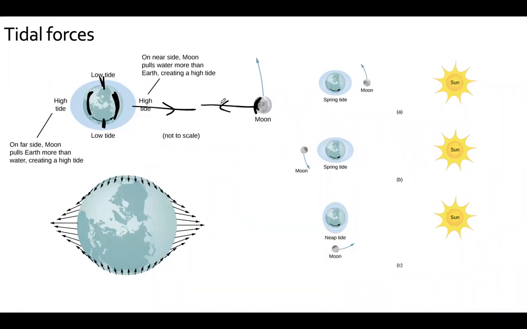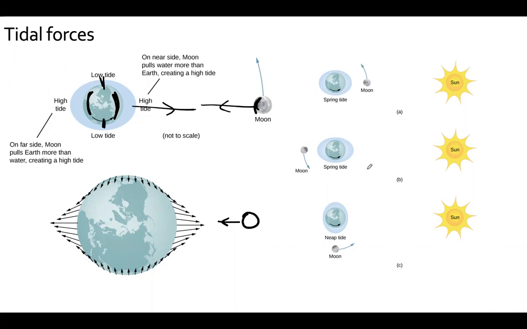This is a representation of these forces. We have the moon here. Obviously, none of this is to scale, but we have these forces being pulled from the moon and the water, so we've got high tide happening on either end of the Earth.